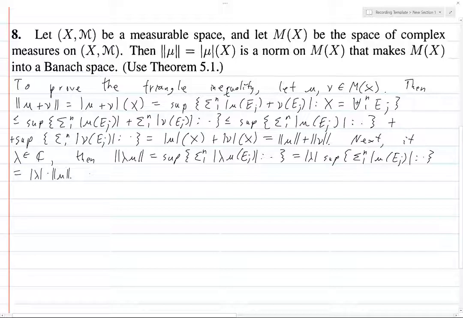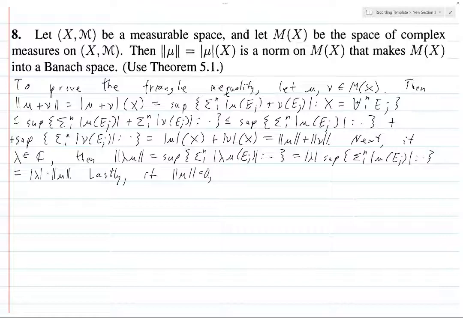Lastly, if the norm of mu equals 0, just to make it a norm and not a semi-norm, we need to make sure that the norm of mu is 0 precisely when mu is the 0 measure.